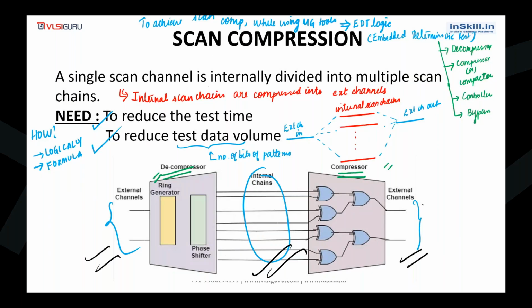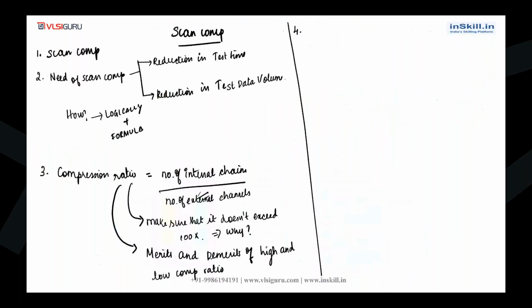So if you're doing a particular project for a particular design, how will you decide the number of internal chains and external channels? That also we will cover.